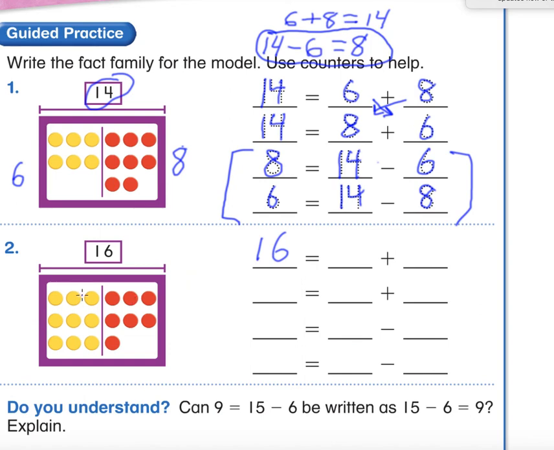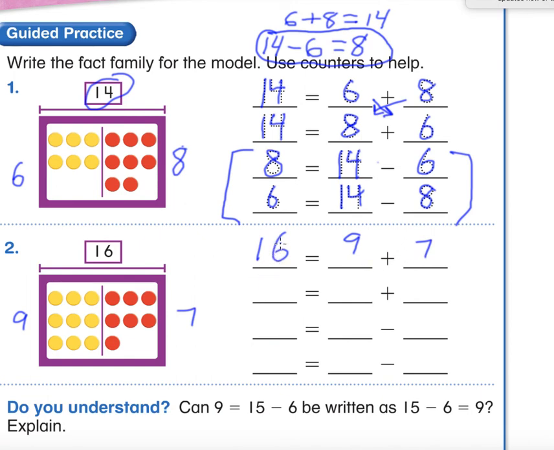So let's see what they gave us on our chart. We have 1, 2, 3, 4, 5, 6, 7, 8, 9 yellow dots. That's our first part. And then we have 7 red dots. So we could say 16 equals 9 plus 7.